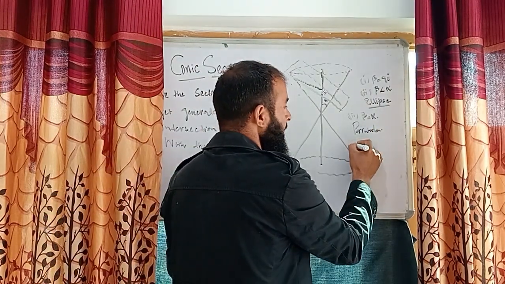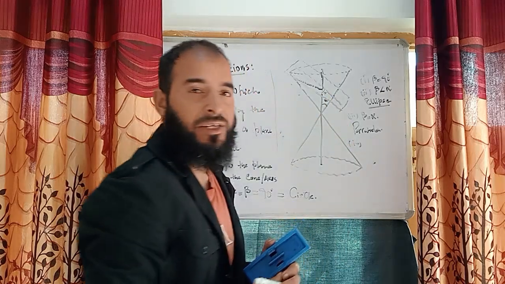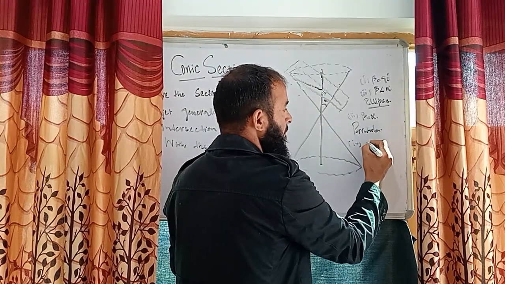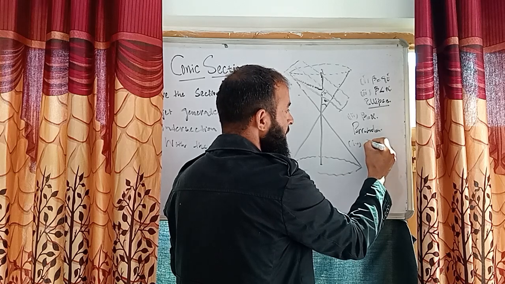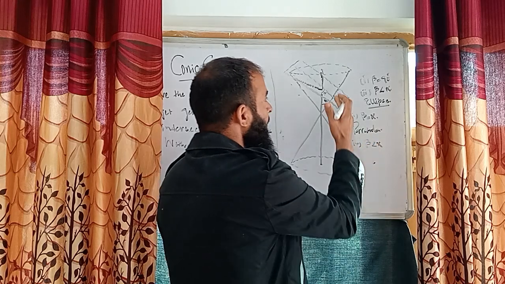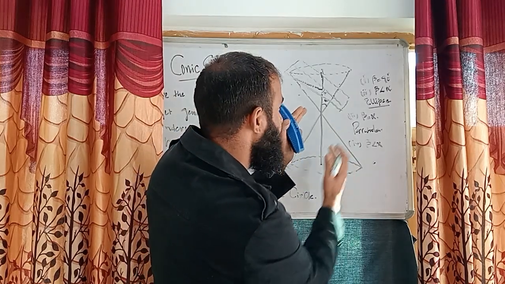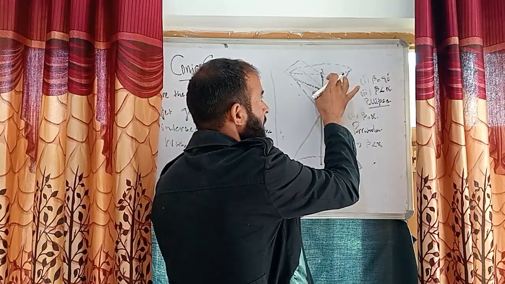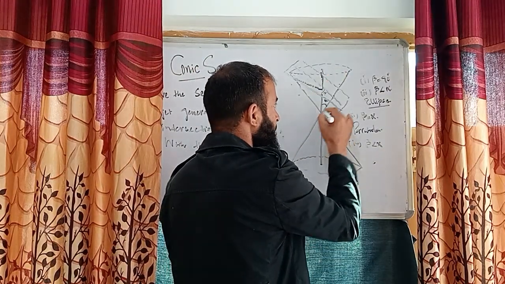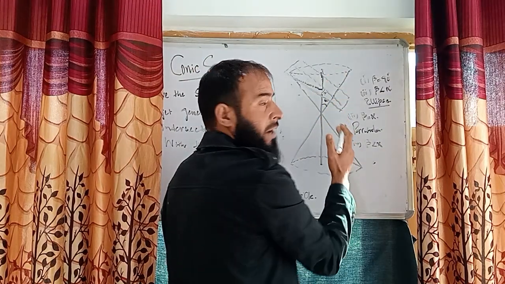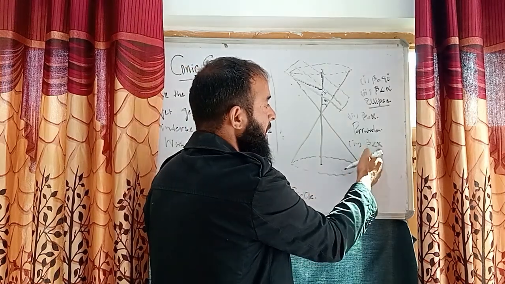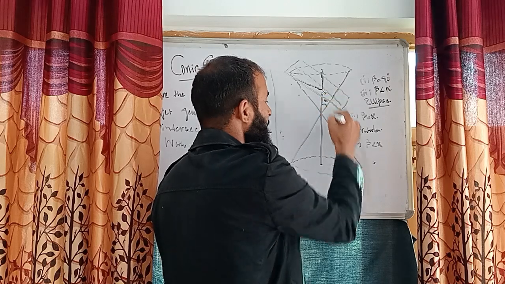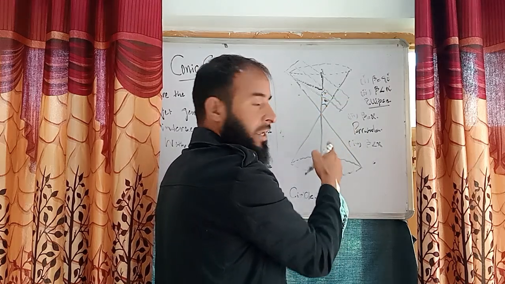And if we change this angle further, when we take beta less than alpha, we will see it will cut this other nappe also.